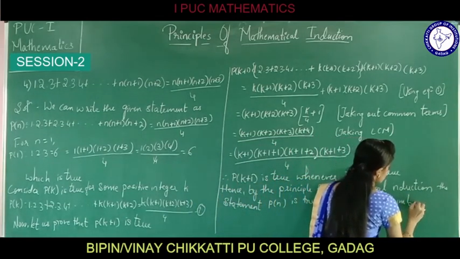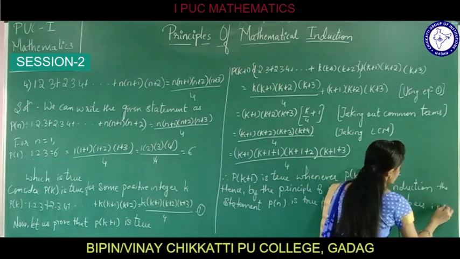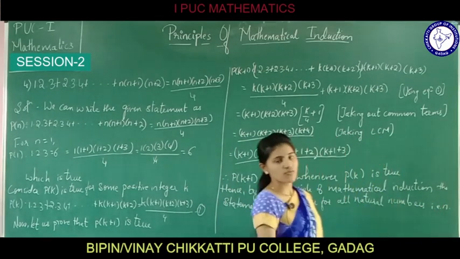What are the natural numbers? That is n. What did we prove?